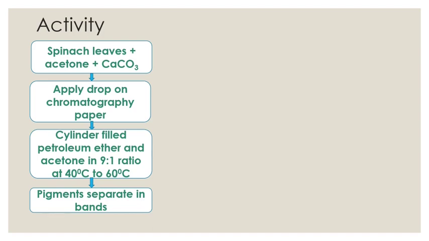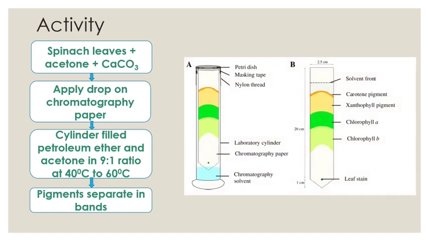you will see that as the acetone and the ether solution travels through the chromatography paper, the pigments present in the spinach droplet also travel, and you will see different beautiful color bands on the chromatography paper, as seen in the picture. Chlorophyll B, olive green color, at the bottom. The chlorophyll A band is obtained above it, which is blue green in color.